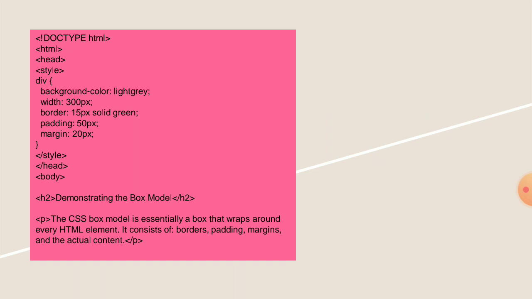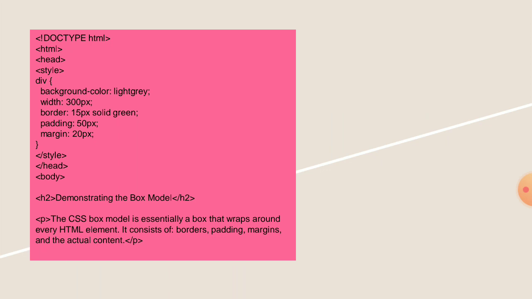Here is an example. HTML starts, head section starts. We declare the style: background color light gray, width 300 pixels, border 15 pixels solid green, padding 50 pixels, margin 20 pixels.